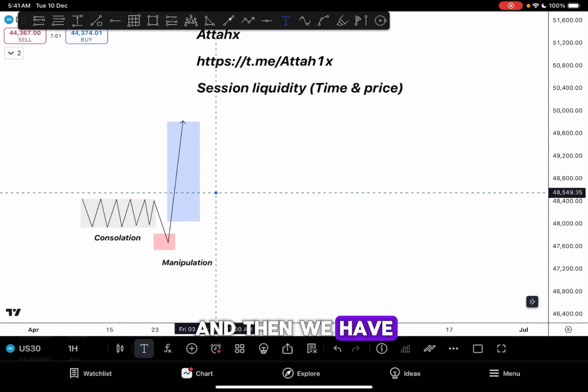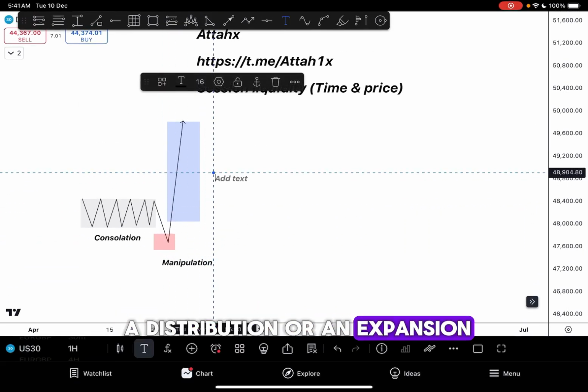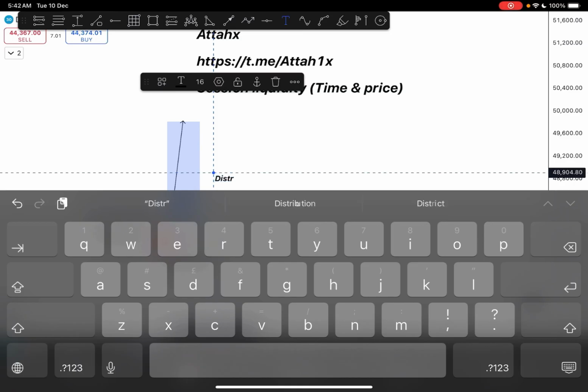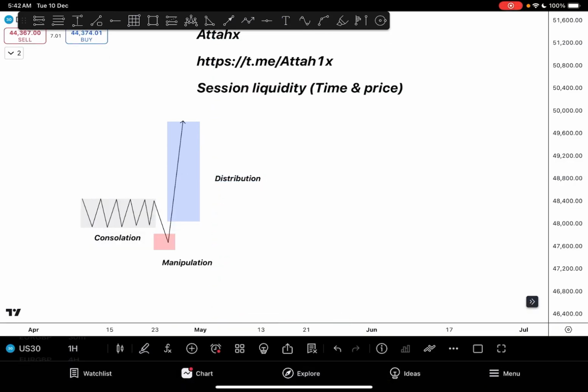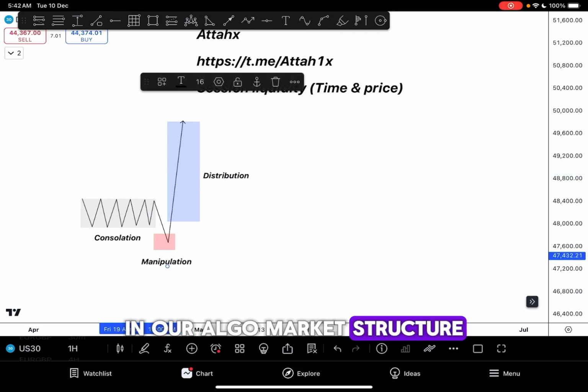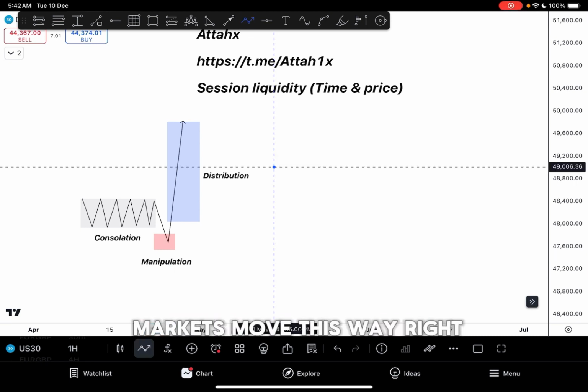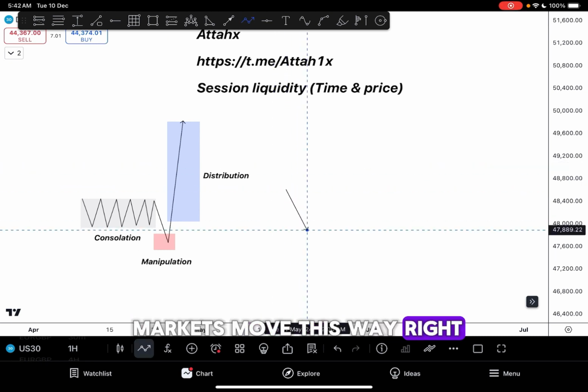And then we have a distribution or an expansion. However you want to call it, they are still the same thing. All right. So now, in our algo market structure, you were taught that market moves this way, right?